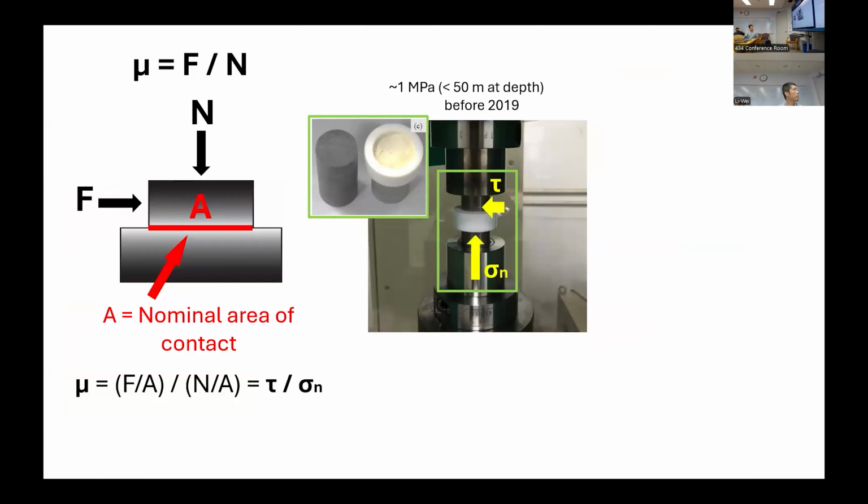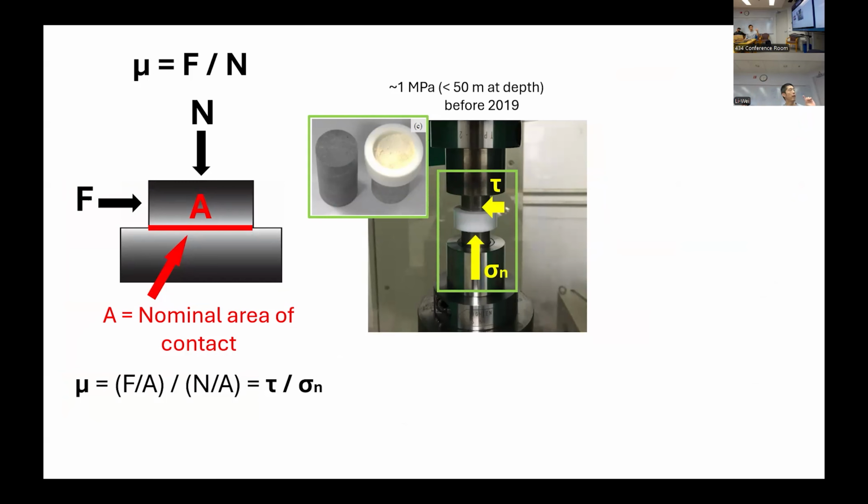So let's jump to the rock friction experiment. I just mentioned, in 2009, or maybe 5 years later, we could still shear gouge with Teflon slip. For rock samples, you use 2 cylinders and you shear and push.